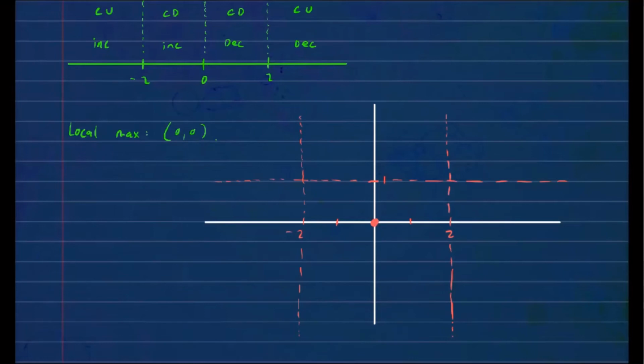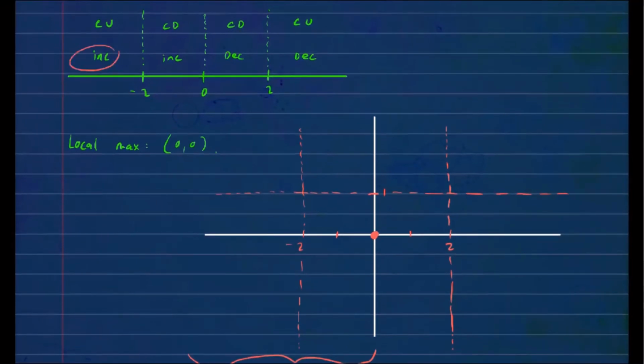So now let's focus on this interval right here. From negative infinity all the way to negative 2, the function is increasing and it's concave up. So increasing is always something like that, and concave up is also along that way. So we know it's going to be increasing but concave up. It's going to look something like this.